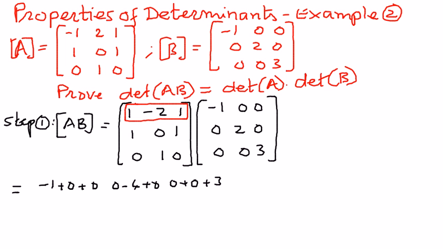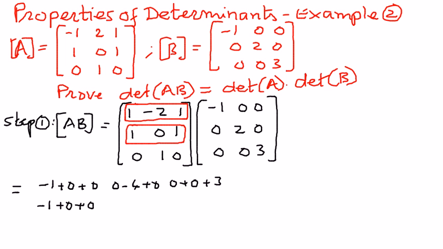Then we do the same thing for the second row. We take the second row of the first matrix and multiply it by the first column, second column, third column of the second matrix, like this. 1 times -1 is -1, 0 times 0 is 0, and then 1 times 0 is 0.